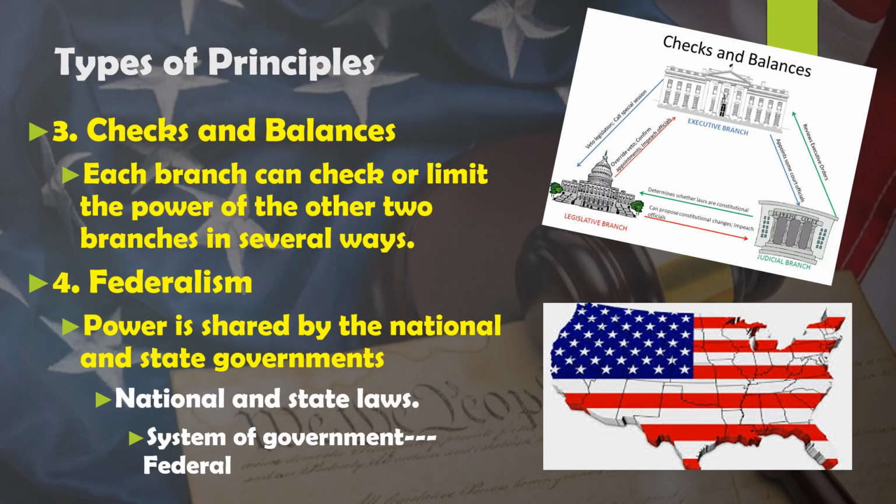All right, let's talk about checks and balances. Each branch, guys, can check or limit the power of the other two branches in several ways. This is where one branch can't become too powerful over the others.